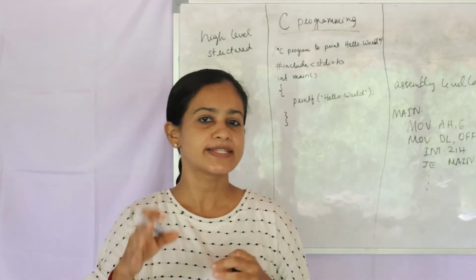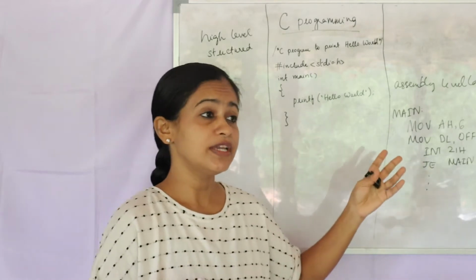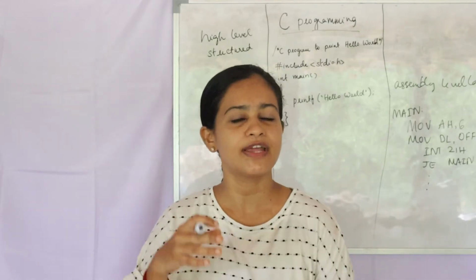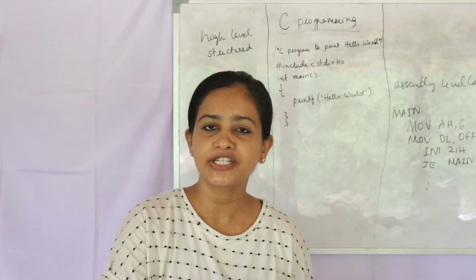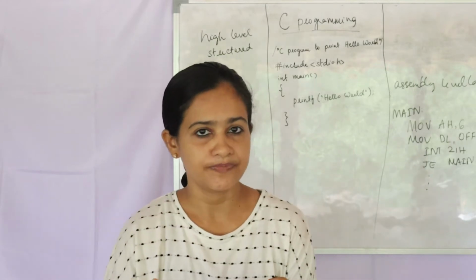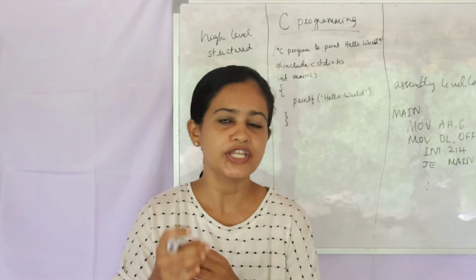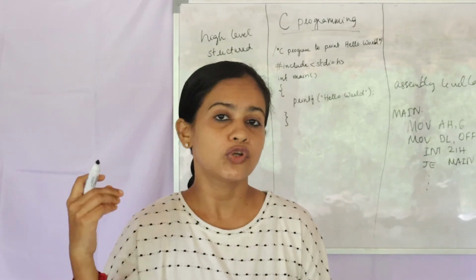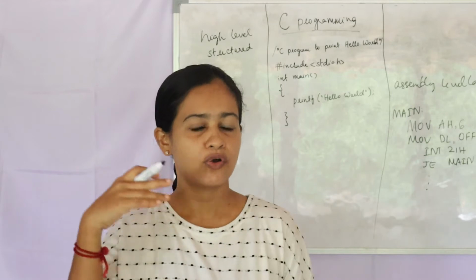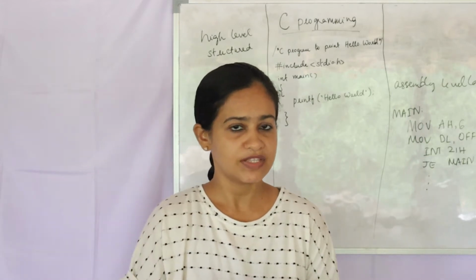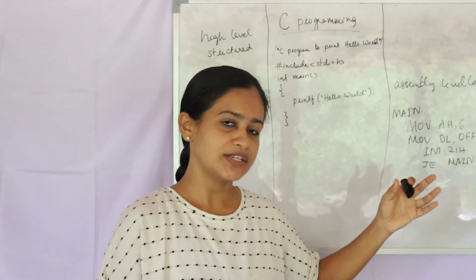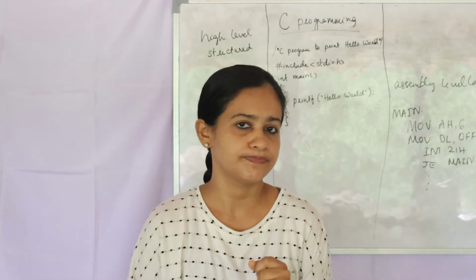But this is not that simple. Here the instructions we write are very specific to the computer architecture or to the processor. That's why to write an assembly level code, the programmer needs to have a very thorough understanding of the architecture or of the processor. That's why it is not that simple to write an assembly level code.